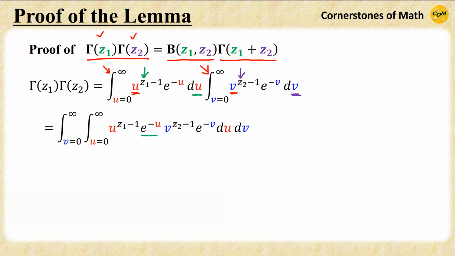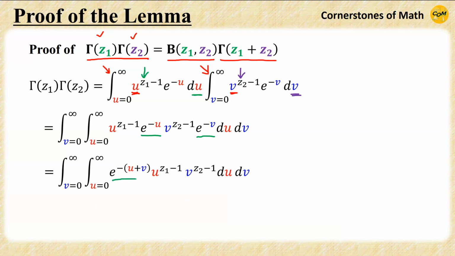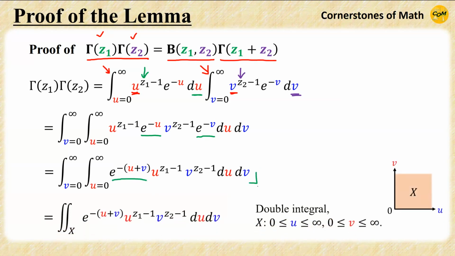Here, let us combine e to the power of minus u and e to the power of minus v to write it as e to the power of minus (u plus v). So we have this. Some of you might know that you can express this as a double integral, where our domain of integration is the region where u is from 0 to infinity and v is from 0 to infinity. So basically, this entire quadrant.